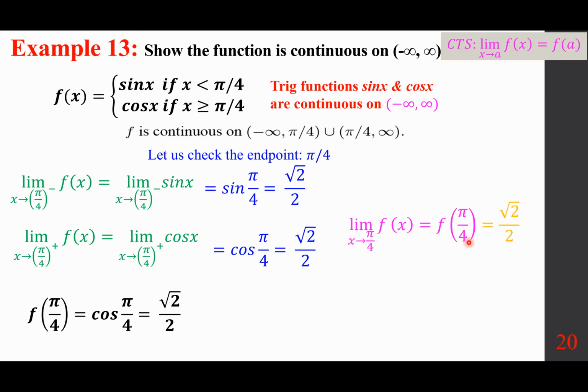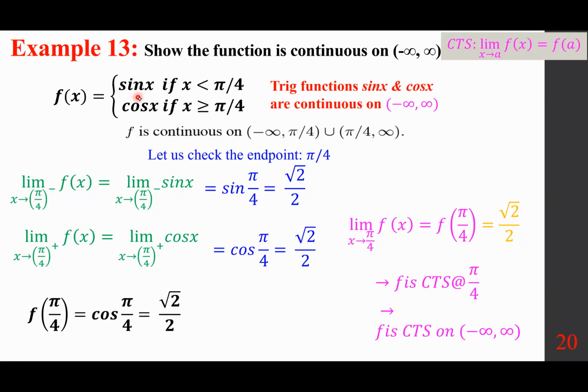So when we go back to this, it was continuous everywhere. We didn't know about pi over 4. We checked it. And therefore, because we proved it is continuous at pi over 4 in conjunction with this one, f is continuous, CTS short for continuous, on negative to positive infinity. So a quick recap.